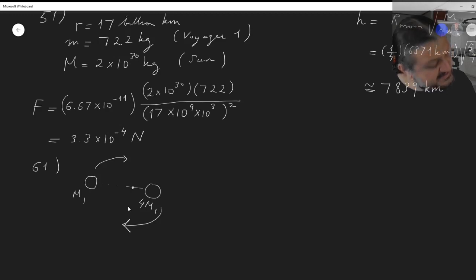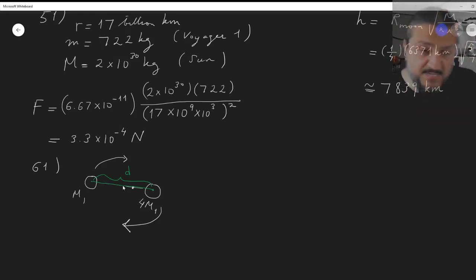So a distance d apart. D apart, I'm taking that to be from their centers of mass. They're d apart. Is there any point where the net gravitational field due to the two stars is 0? If so, where is that point?